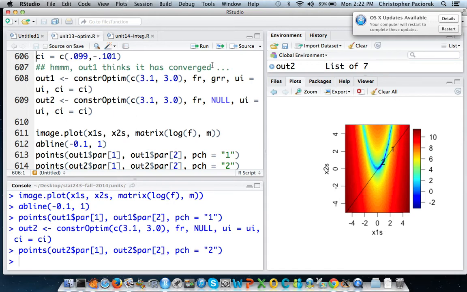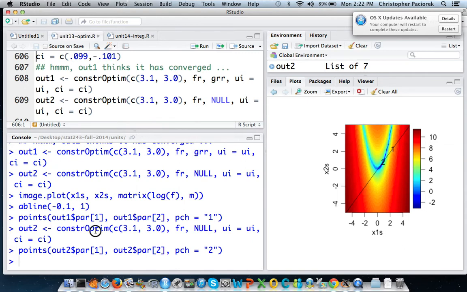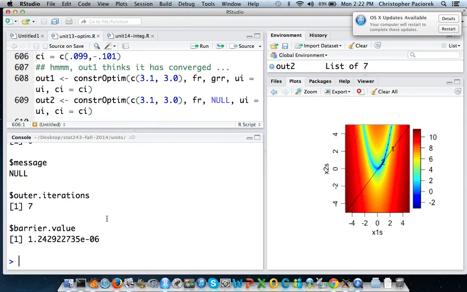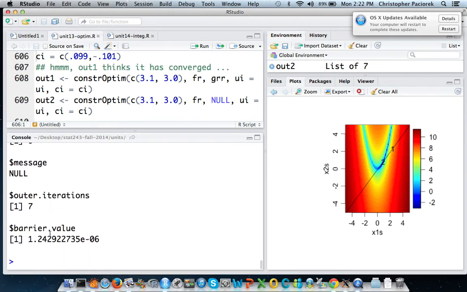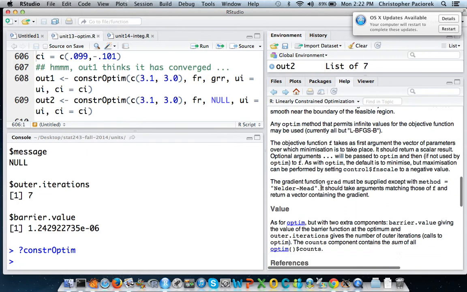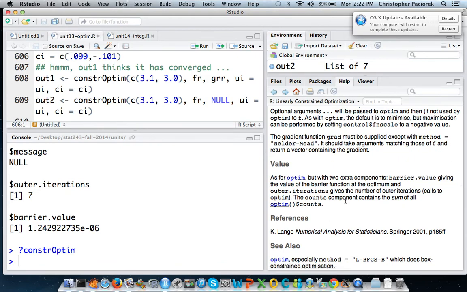Okay, any questions or comments? So do we need to specify the iterations? No, but usually with optim, or in this case with constrained optim, it's a good idea to check whether it seems to be indicating that it's converged, which in this case presumably 0 means convergence, because it does in the optim function.